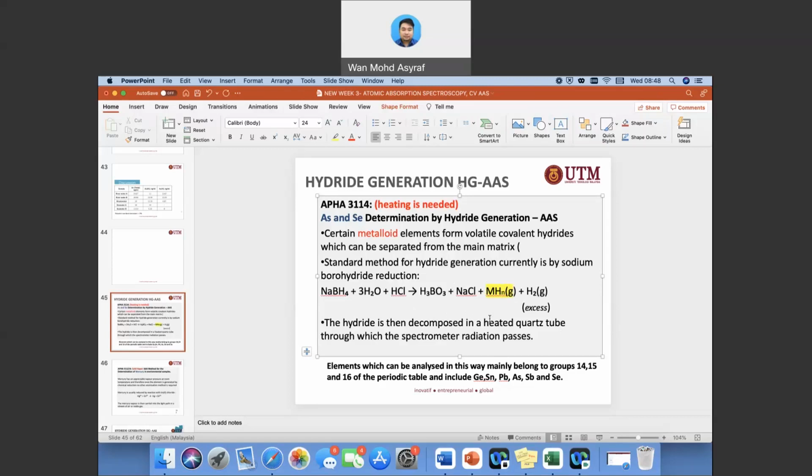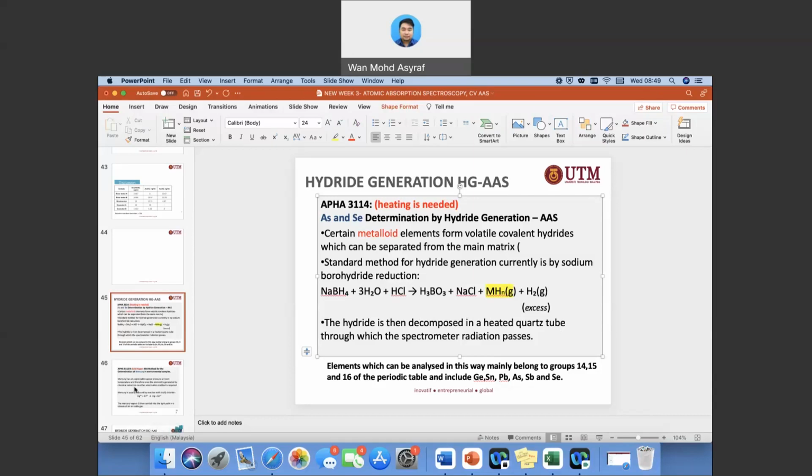The radiation is not from the beginning, as what you looked at in flame AAS where you have a light source in front. In this case, the light source just goes inside the quartz tube, where what is inside is your metal hydride, not the matrix anymore, because we have disposed of it beforehand.